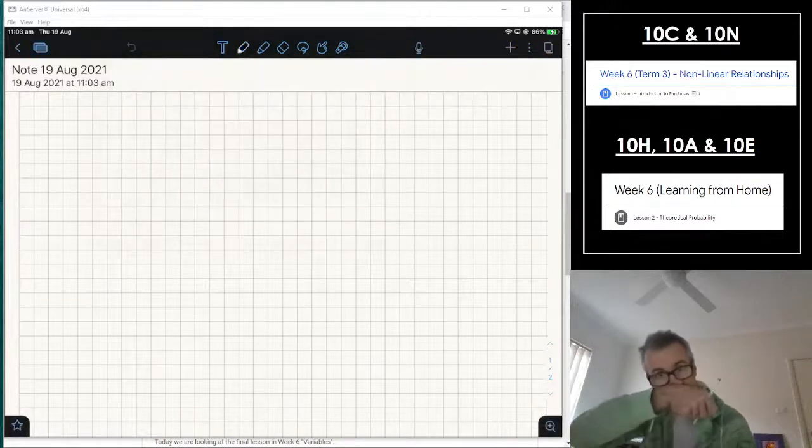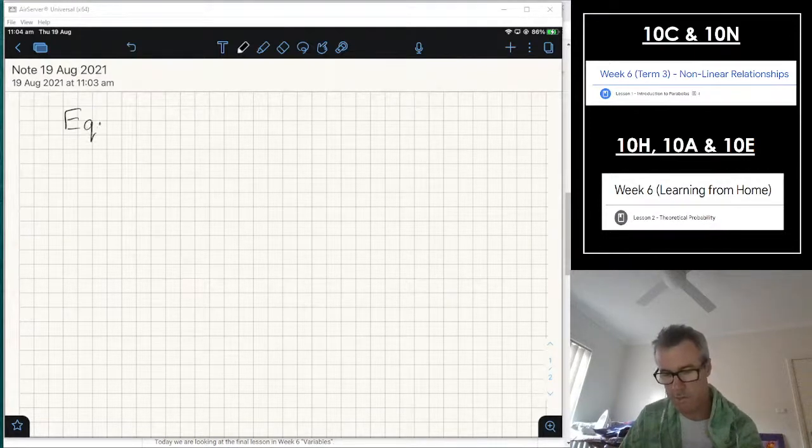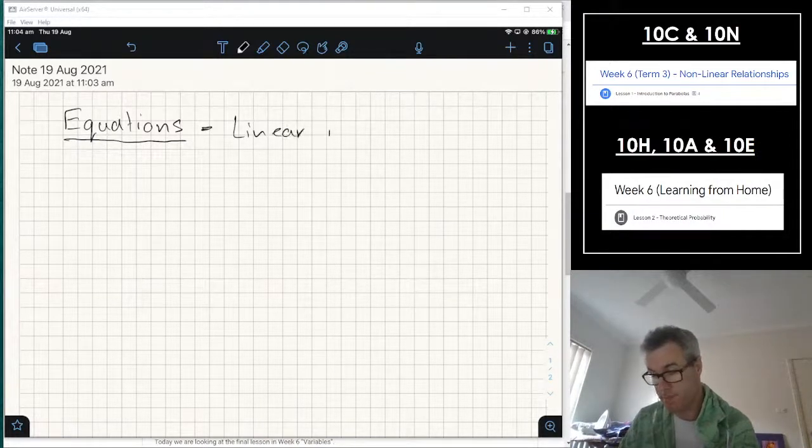The first thing that we need to know is our thing about equations, okay? Equations. In particular, the thing that we were looking at the start of the year, term 1, we looked at linear equations, right?